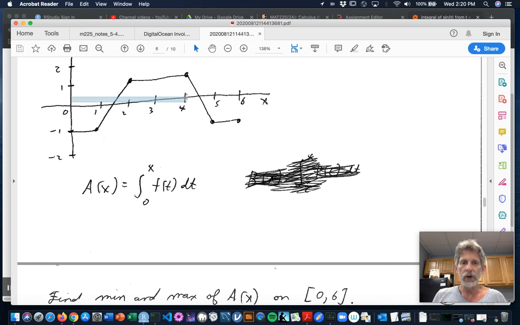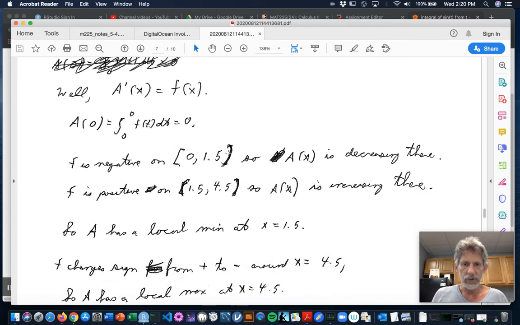So I'm accumulating more area as I move up my x value, all the way until x gets to be 4.5. I'll accumulate more positive signed area. And so from 1.5 to 4.5, the area under the curve function is going to be increasing.